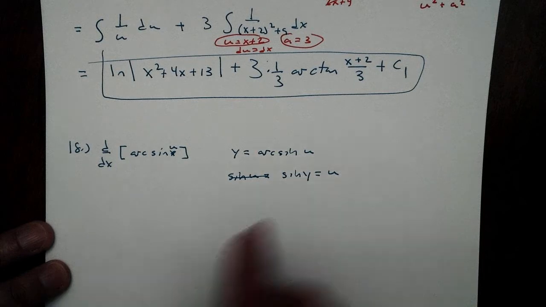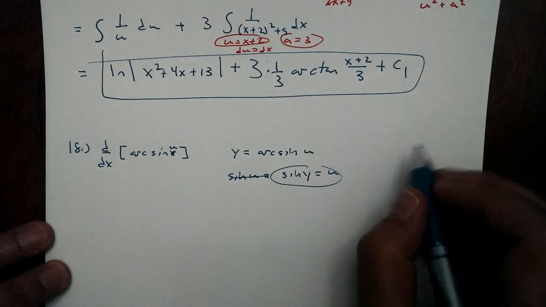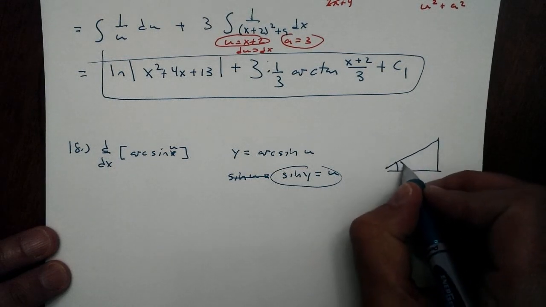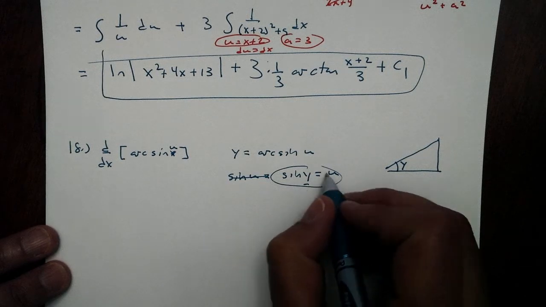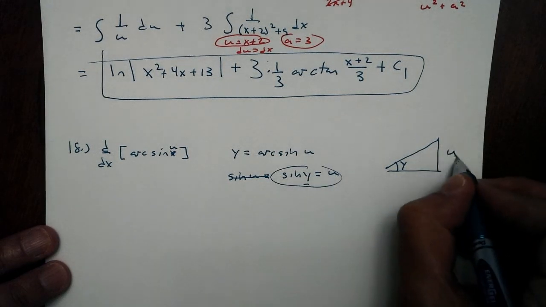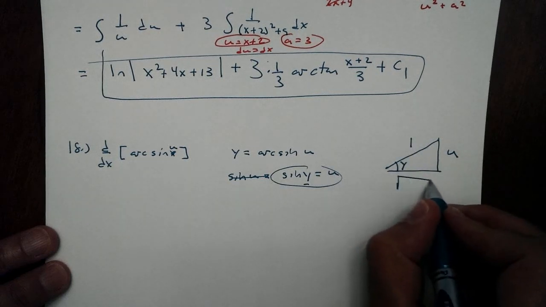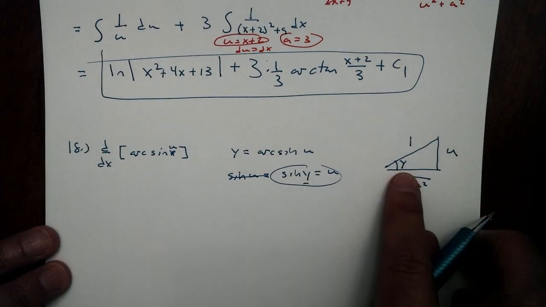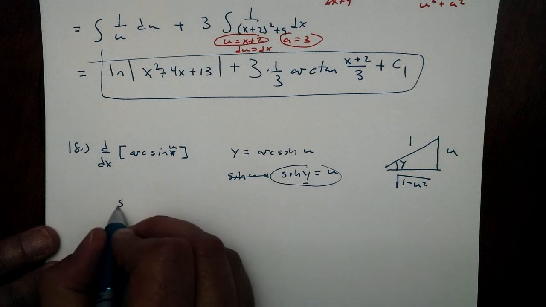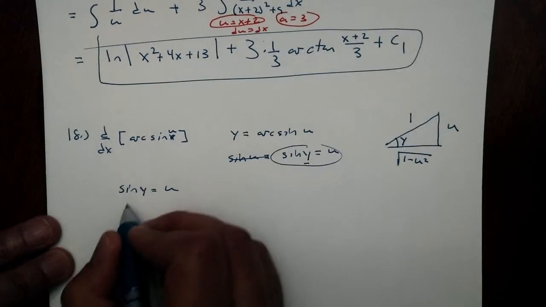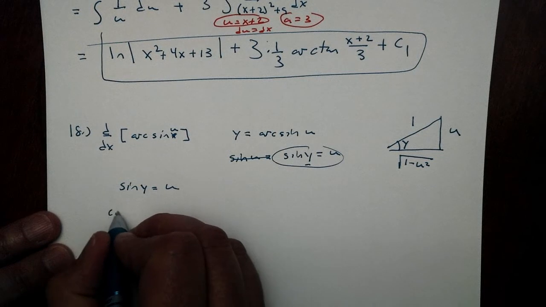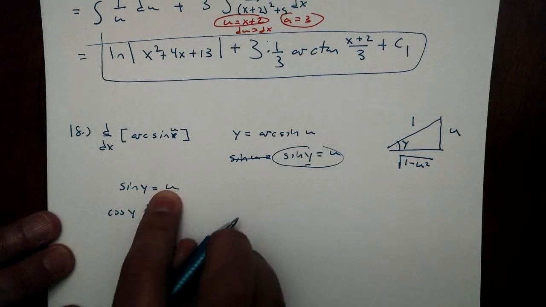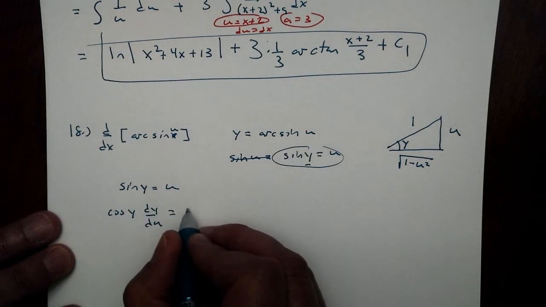And this I can graph. So, ready? Here's the angle y. Remember, y is going to be my angle. My sine is the opposite, which is u, over the hypotenuse, which is 1. And we get the square root of 1 minus u squared over here. So I want to find the derivative. If I think of implicit derivatives, the derivative of sine would be cosine y, dy du, because it's with respect to u, equals 1.